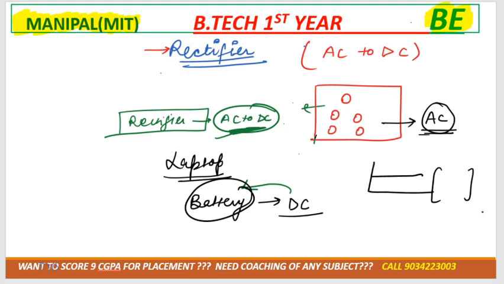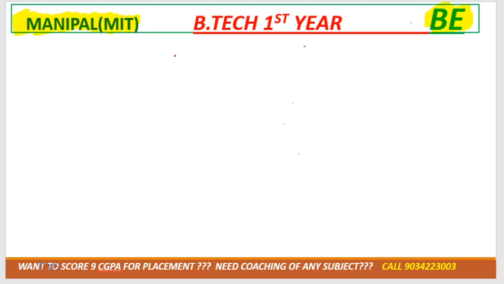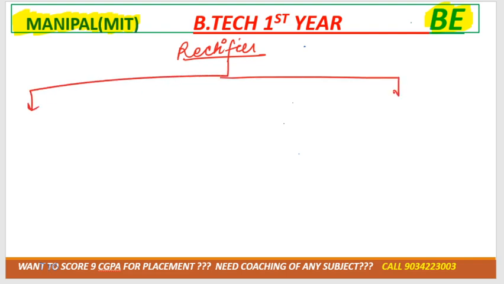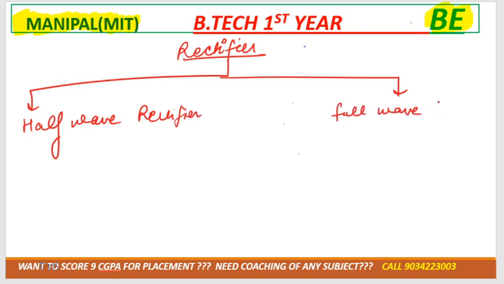Note it down. Now see, basically rectifier is divided into two categories. One is the half wave rectifier, and another is the full wave rectifier. In the half wave rectifier, basically half of the waveform is converted.